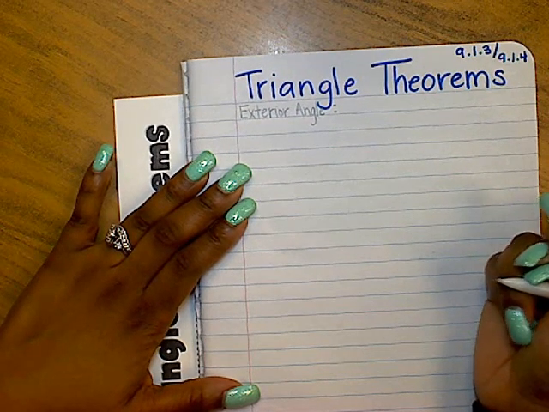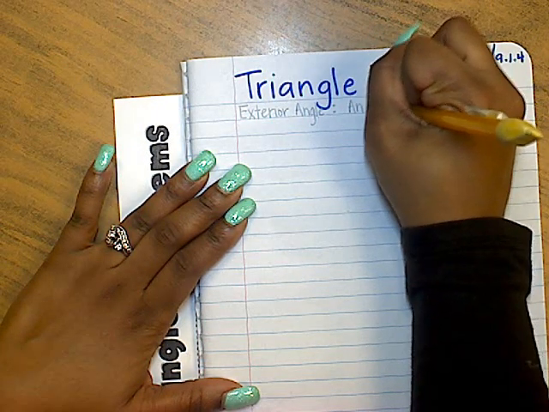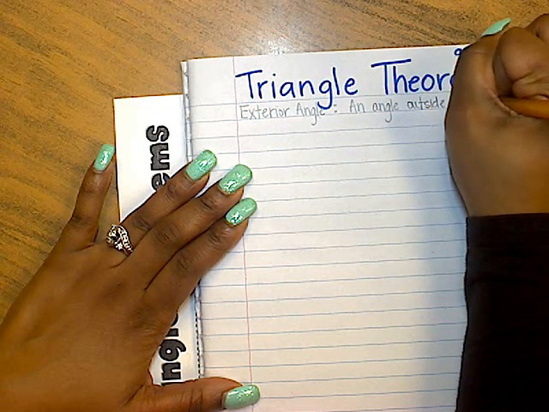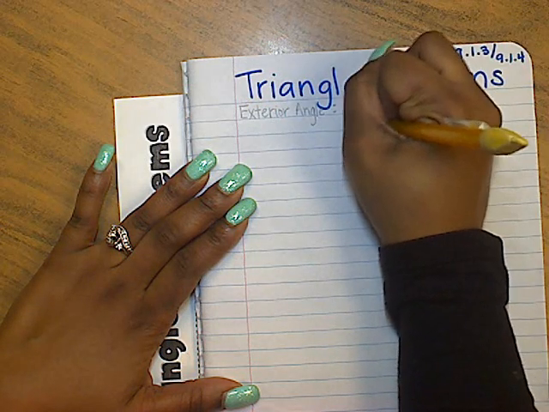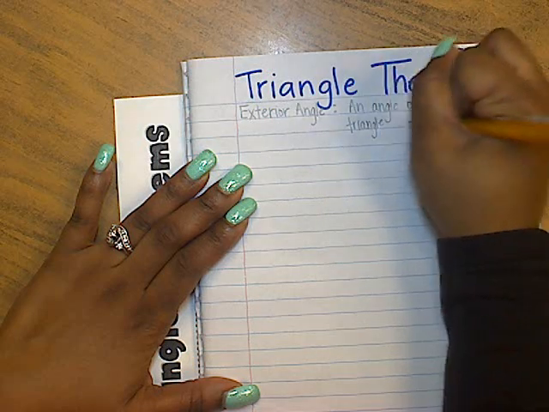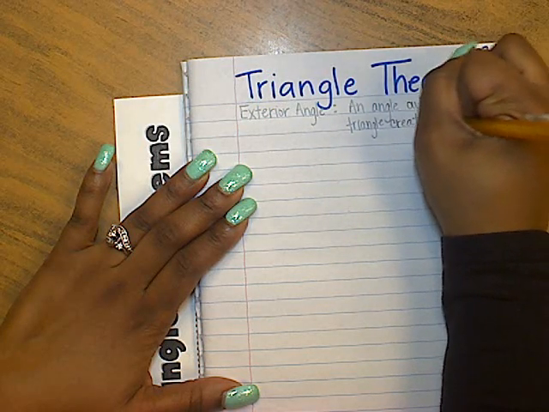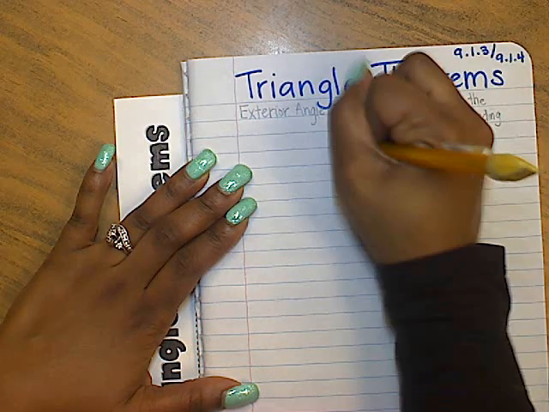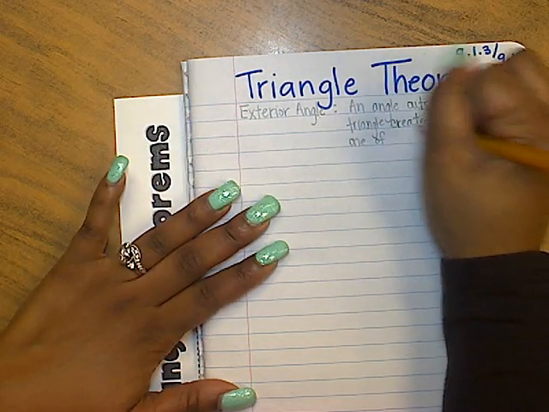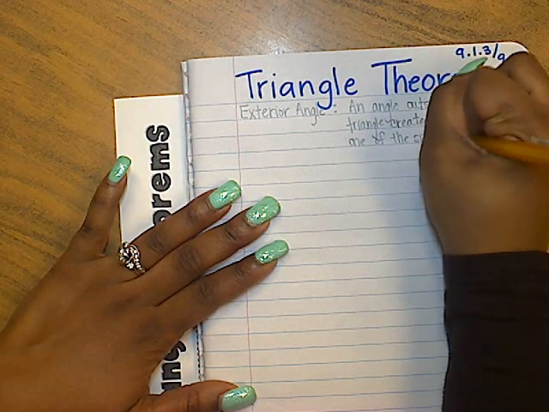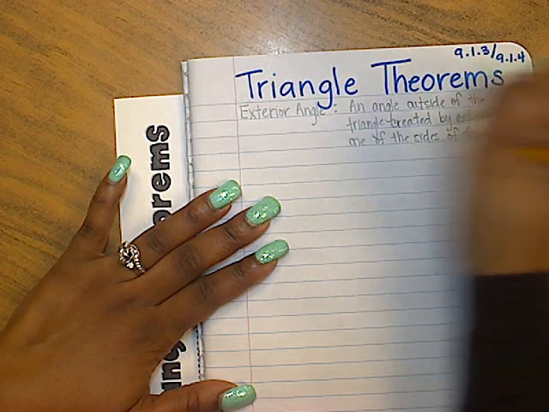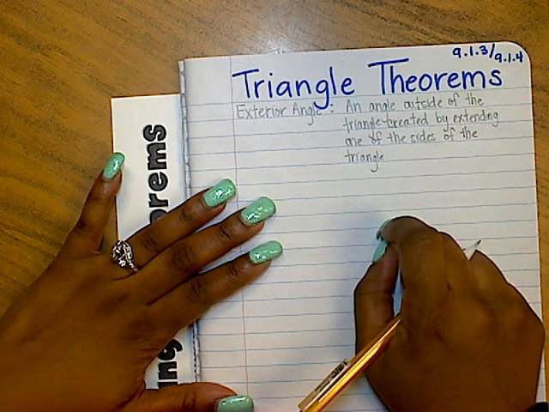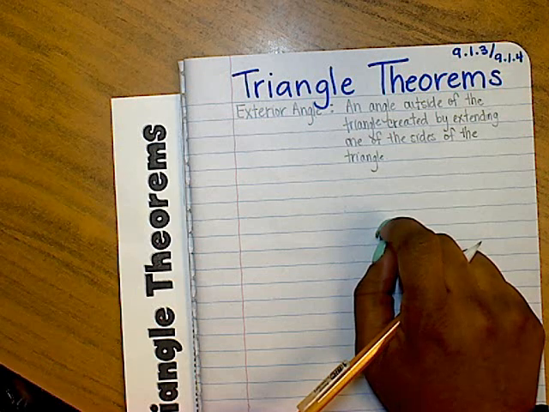The first definition is for exterior angle, and it is an angle outside of the triangle created by extending one of the sides of the triangle.